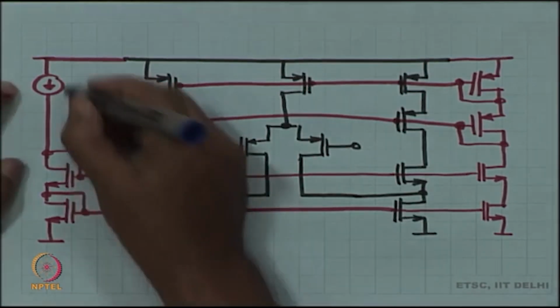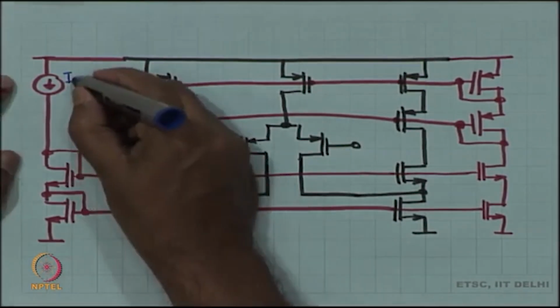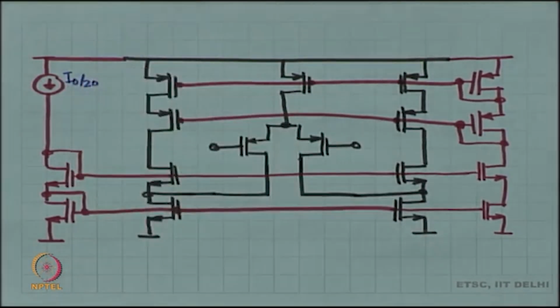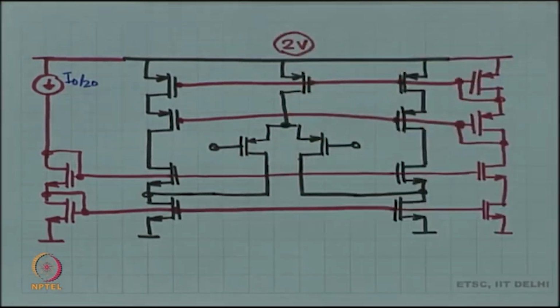Now, let us put some values. Let us say you want to start with I naught by 20. Okay, I naught by 20. We place this at 2 volts just like earlier, and let us say all the PMOSs require VGST of 0.2 volts, they have VT of 0.4 and therefore, they require a source to gate voltage of 0.6, and let us say all the NMOSs require a gate to source voltage of 0.7.